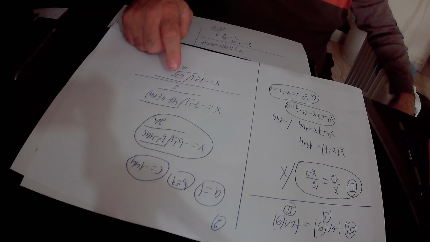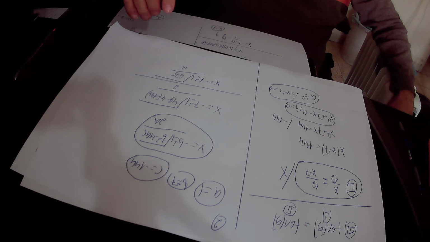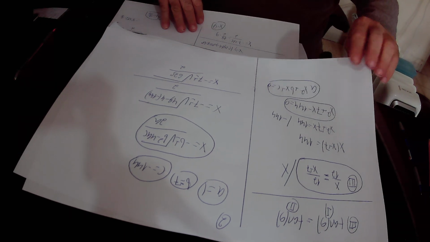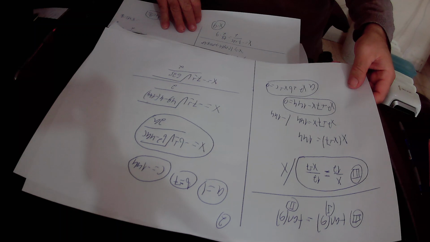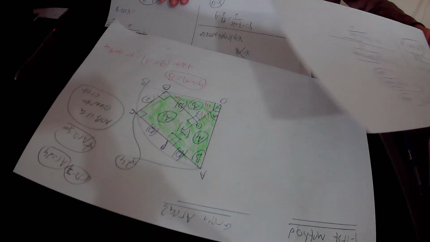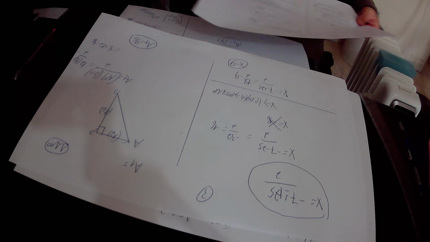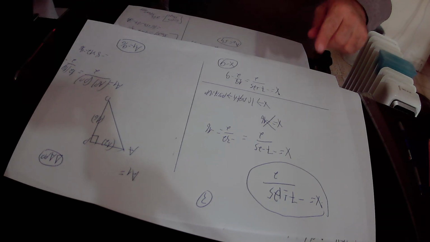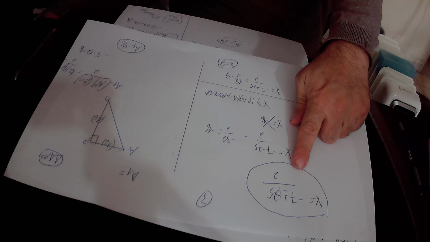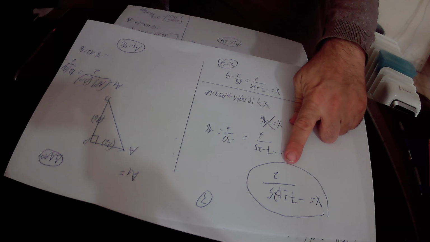Inside the root we are left with 625, over 2. So x equals minus 7 plus or minus, and the square root of 625 is 25. In conclusion, x equals minus 7 plus or minus 25 over 2.